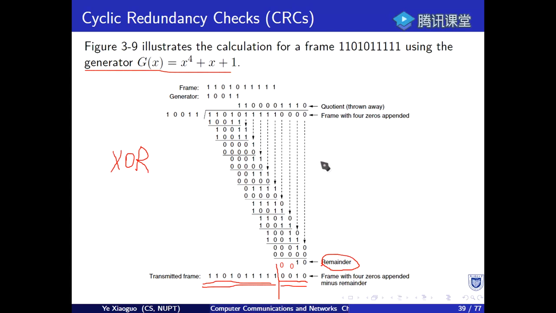It is very simple, but we should know we use XOR calculation. Then we can get the remainder 0010. So we get the CRC. This is how we reviewed CRC calculation.